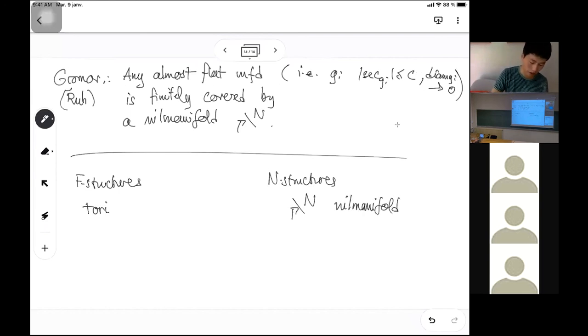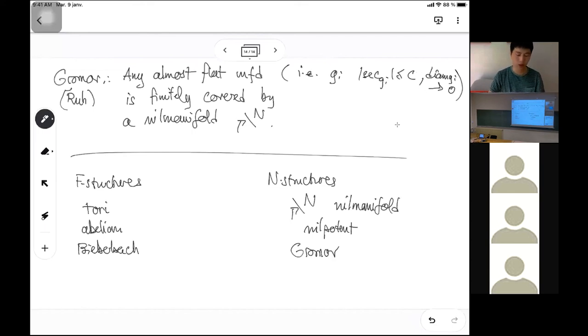So instead of having an abelian structure, we have a nilpotent structure. And moreover, the theorem of Bieberbach is going to be replaced by this theorem of Gromov, giving you the structure of almost flat manifolds. We'll see that N structures are essentially given by actions by nil manifolds that can be glued together in the same sense that F structures are torus actions that you glue together.